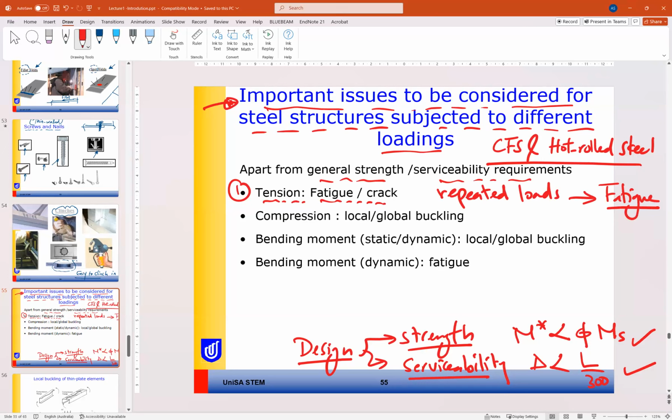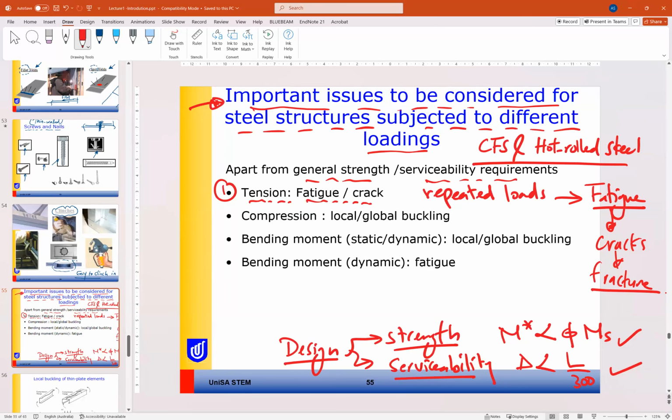So even if the load is not causing failure directly, applying the load repeatedly will cause something called fatigue. This fatigue will cause cracking or fracturing of the steel, which means failure. In compression, we need to consider the main problem, local and global buckling behavior of steel.